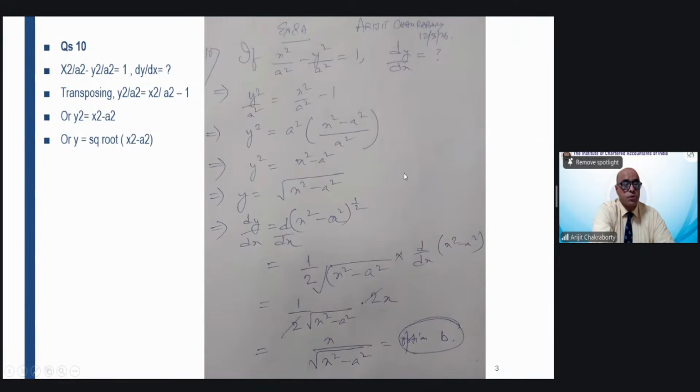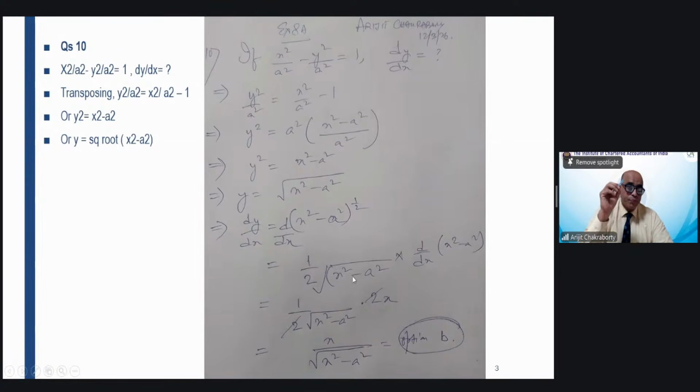So if y is the square root of x square minus a square, then we need to find out the differential coefficient dy by dx. dy by dx therefore becomes d dx of x square minus a square to the power half. Because you know square root means, iska matlab hai it is to the power 1 by 2. So any variable to the power 1 by 2, x square minus a square to the power 1 by 2 becomes 1 by 2.